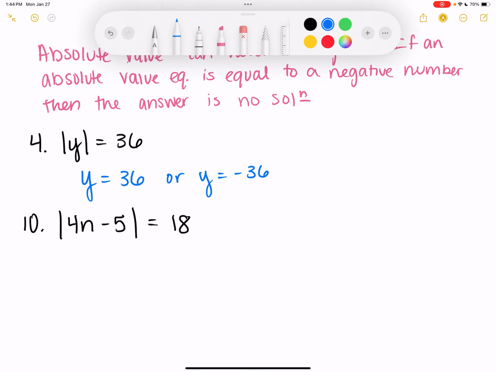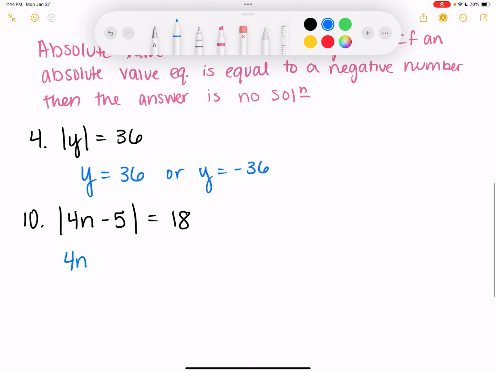So copy down exactly without the absolute value bars: 4n minus 5 equals 18. Or, the other option, 4n minus 5 equals negative 18. And then I just work them each individually.